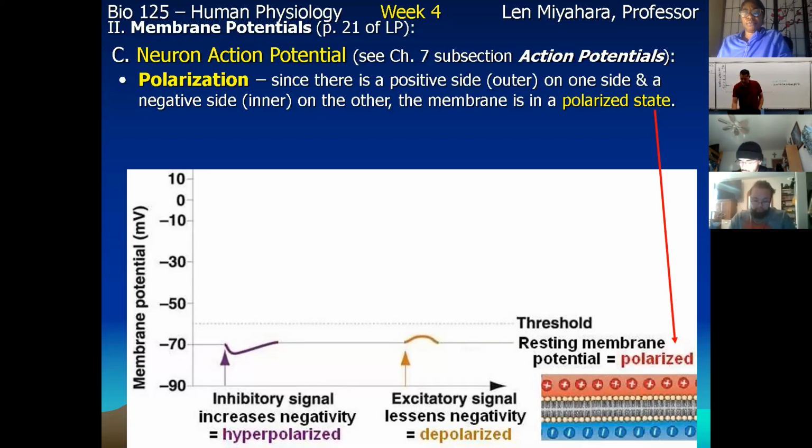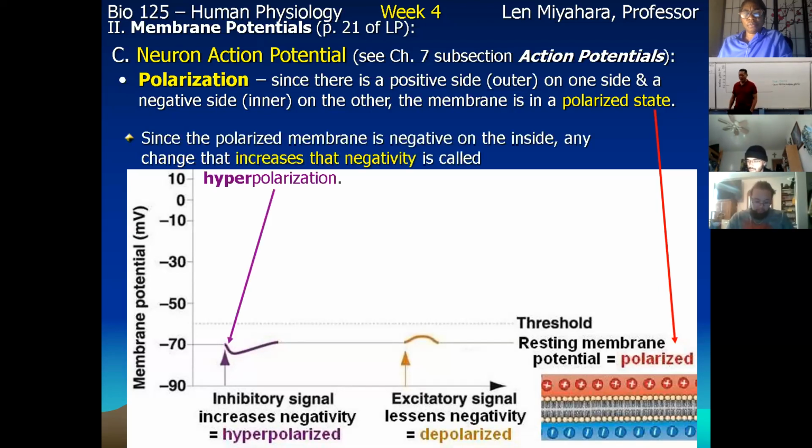All right, if you get some signals on the neuron, and this is part of that excitability, irritability, you can have some signals onto a neuron that will make it more negative. If it makes it more negative, that is hyperpolarized. But it's eventually going to return back, because of all those things, even after that little change, it's going to go back to minus 70.